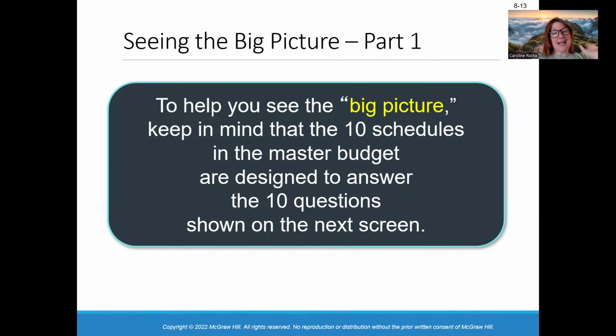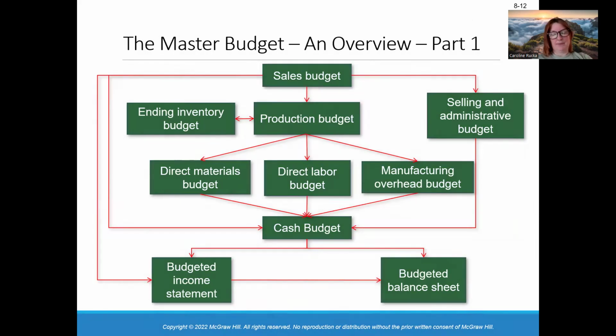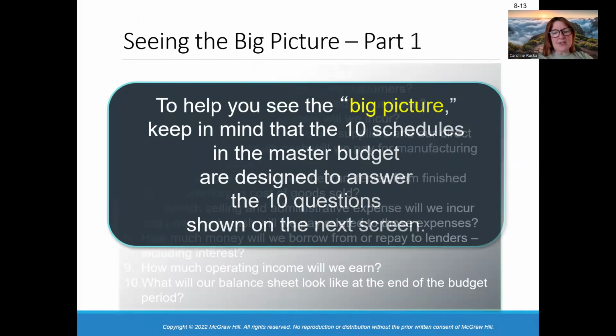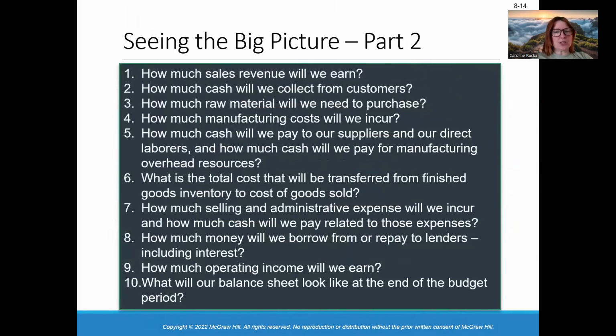There are 10 different schedules, and they're designed to answer these 10 questions. How much sales revenue will we earn? How much cash are we going to collect? How much raw material will we need to purchase? How much manufacturing costs will we incur? How much cash will we pay to our suppliers? And so on and so forth.